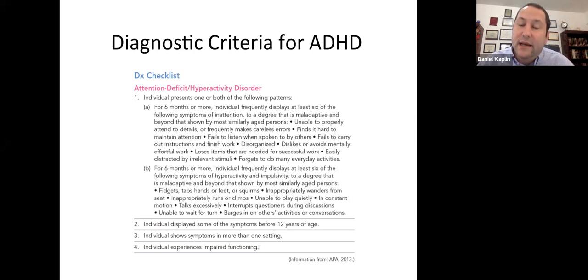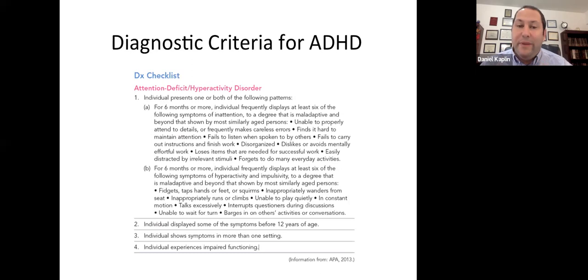Now you'll see there's a lot there for inattention, and there's a lot there for hyperactivity and impulsivity. In order to meet the criteria, I repeat, for inattention, you need 6 out of 9 criteria. In order to meet the criteria for hyperactivity, you need 6 out of 9 of the criteria for 1B.